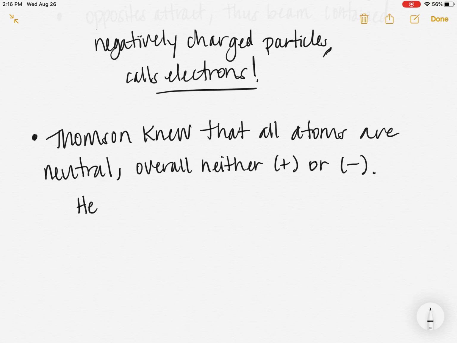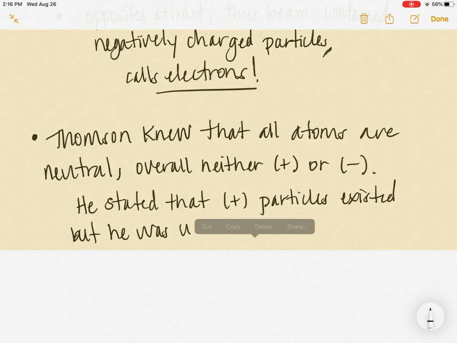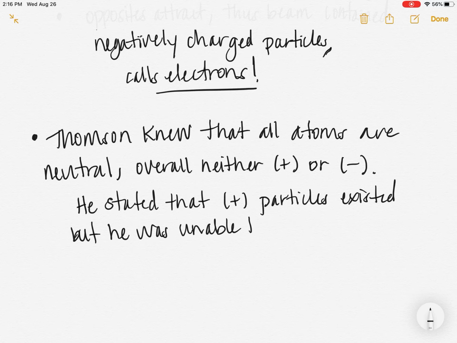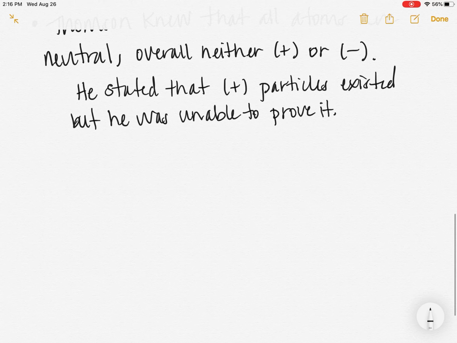So he stated that those positive particles existed, but he couldn't prove it. But he made sure to say that they were there.